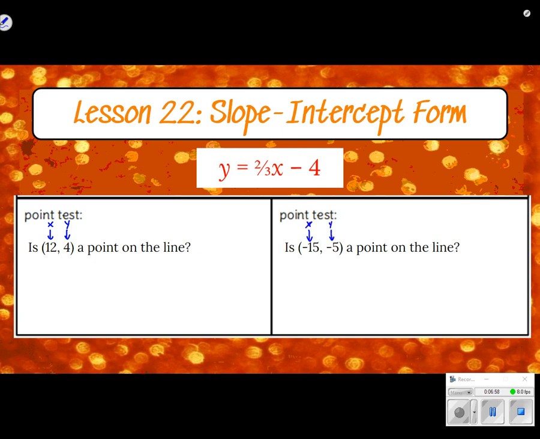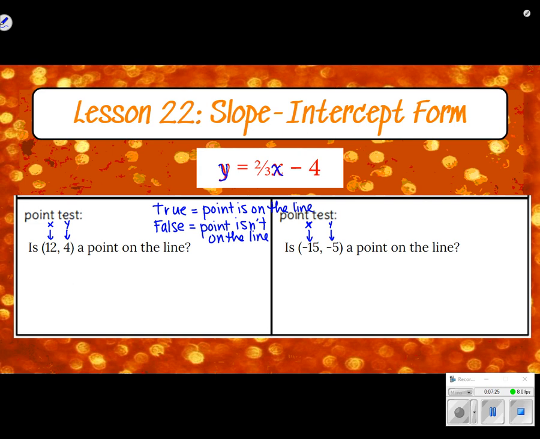And what we want to do is plug things in for x and for y and see if we get a true statement. True means that the point is on the line. False statement means the point isn't on the line.